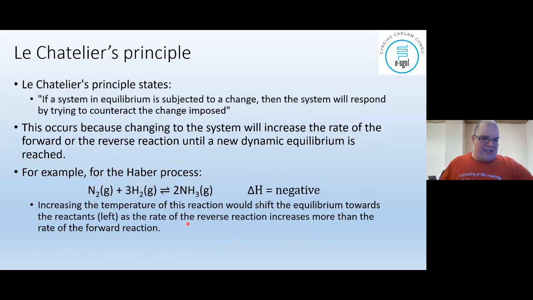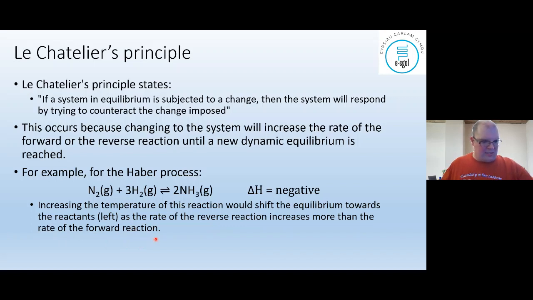And then we'll have a look at temperature. So it's an exothermic reaction, and therefore an increase in temperature would shift equilibrium towards the reactants, or to the left if you prefer, because the rate of the reverse reaction increases more than the rate of the forward reaction.